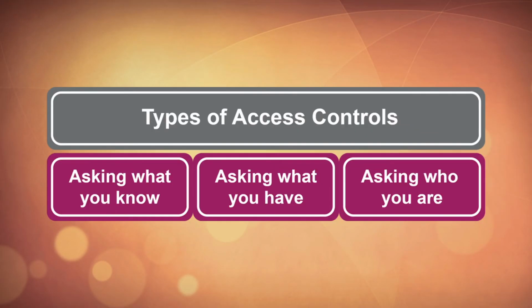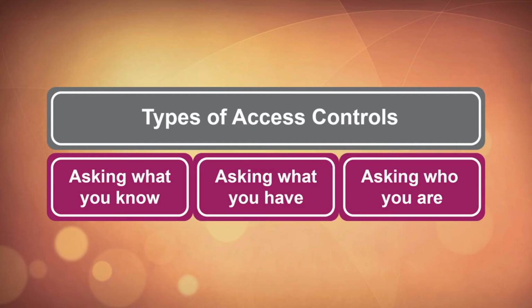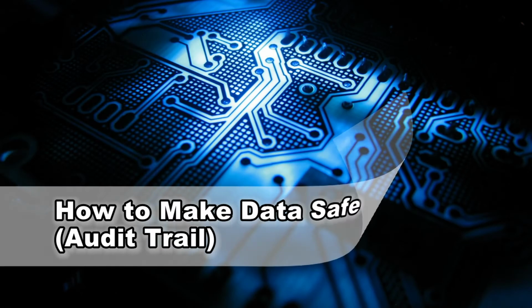Three types of access controls incorporate. Firstly, asking what you know. For example, what is your mother's name? Secondly, ask what you have. For example, to insert your access card. And thirdly, ask for who you are using biometry, for example, your thumbprint.